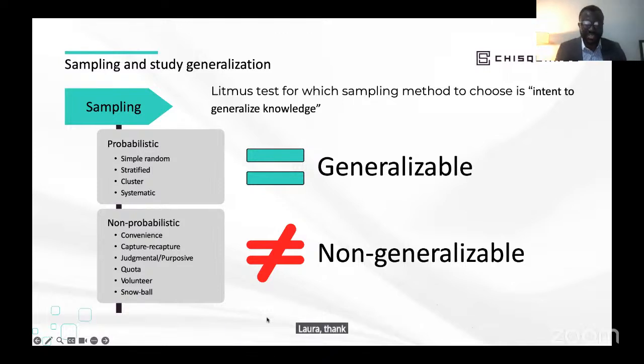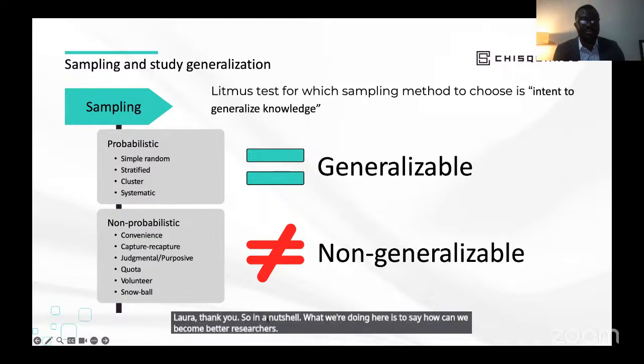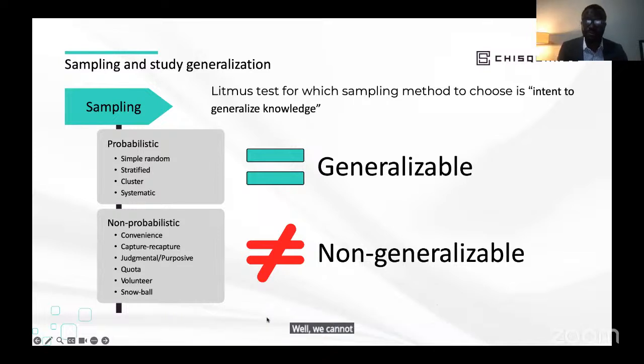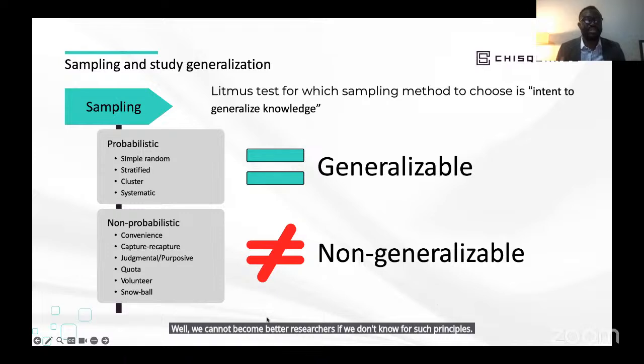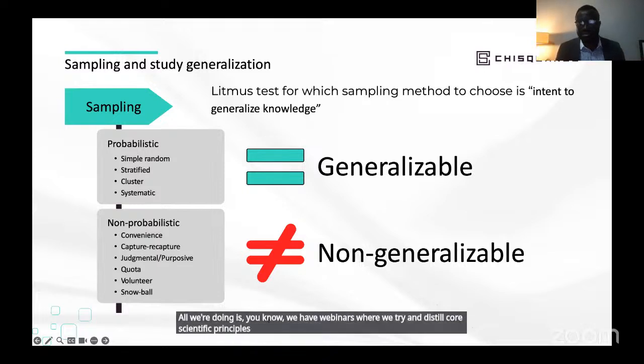All right, thank you. So in a nutshell, what we're doing here is to say, how can we become better researchers? Well, we cannot become better researchers if we don't know research principles. So all we're doing is, we have webinars where we try and distill core scientific principles in a way that all tenants can understand.